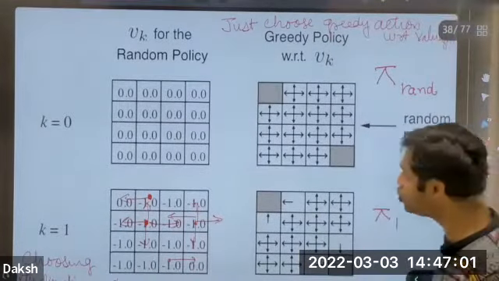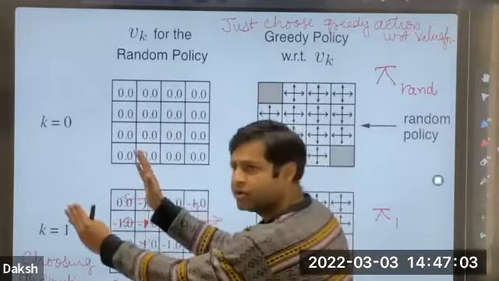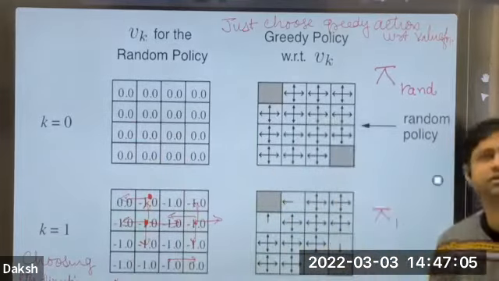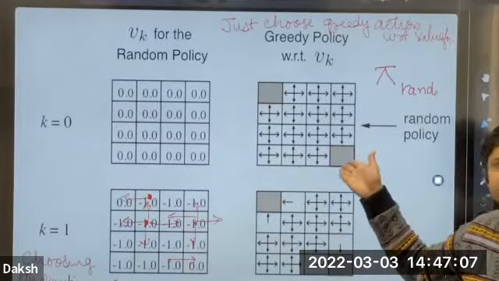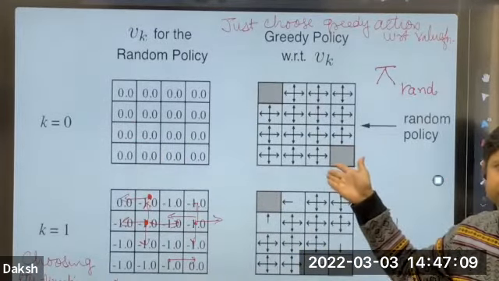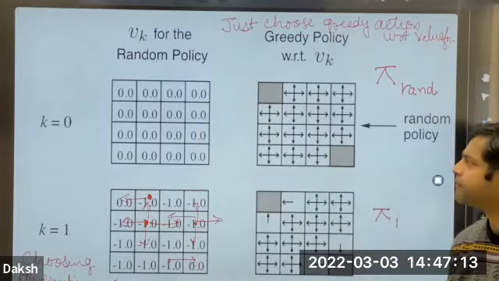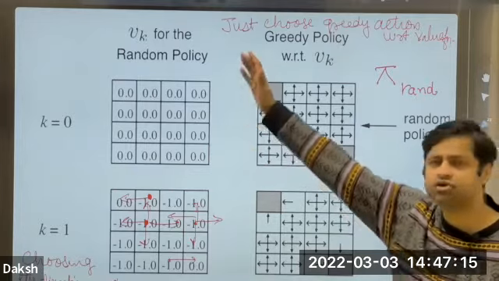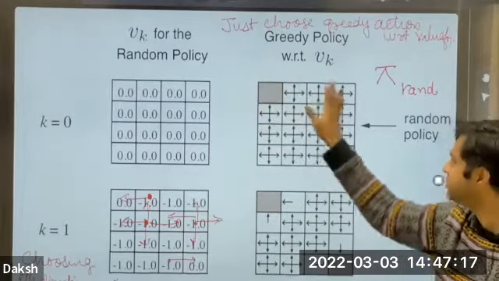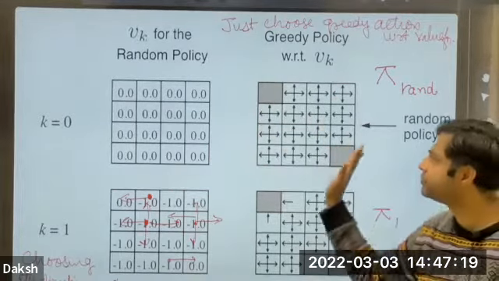I am going to show you two things. One thing over here is the policy, and the other is the value. Just we choose first the random policy. You can see this is my random policy.